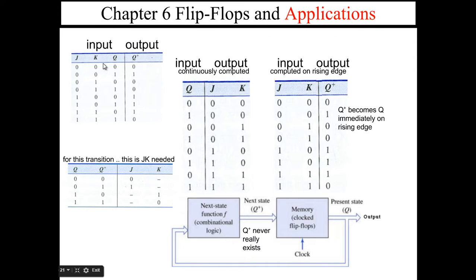So here's what we were looking at for the JK flip-flop. You can see that J, K, and Q become the inputs, and Q plus becomes the outputs. But this doesn't make any sense because Q is the output memory of the flip-flop. So this whole truth table really doesn't make a lot of sense. So what we have to do is interpret it in terms of this diagram.